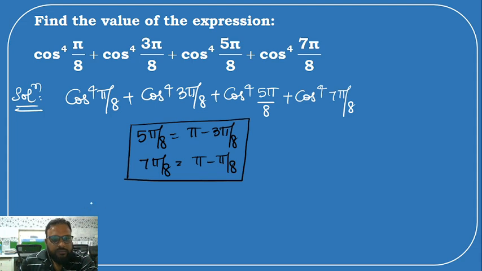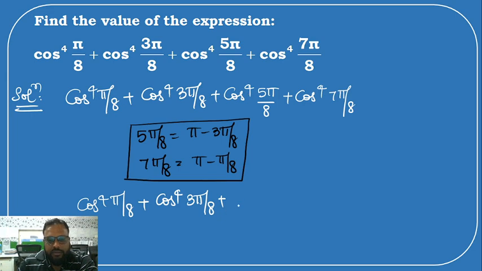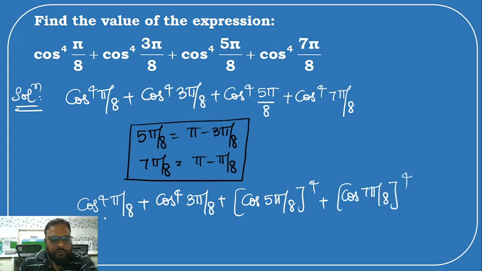So this becomes cos to the power of 4 pi by 8 plus cos to the power of 4 3 pi by 8 plus, now here I will write this as cos 5 pi by 8 to the power of 4 plus cos 7 pi by 8 to the power of 4.